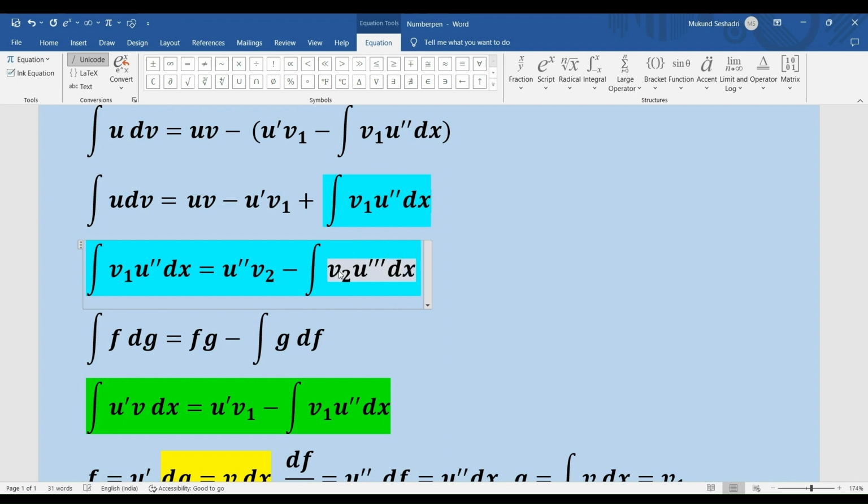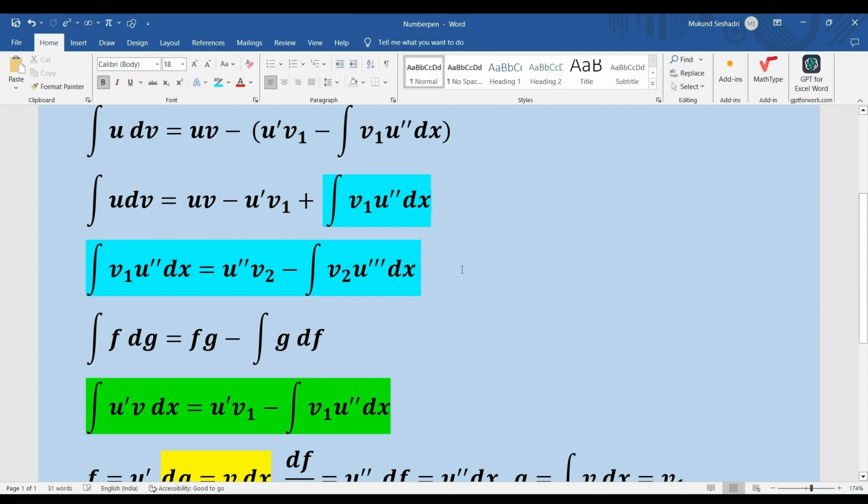I hope you folks are with me. Wherever I have a u dashed, it becomes a u double dashed, and wherever I have a v1, it becomes a v2, and wherever I have a u double dashed, it becomes a u triple dashed, right? And you folks can try working this out once again using the integral by parts. So this is what I get, right?